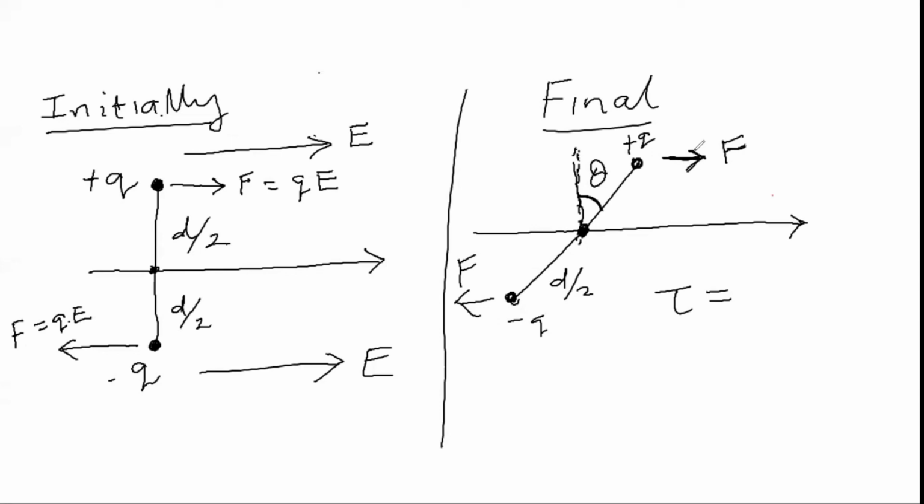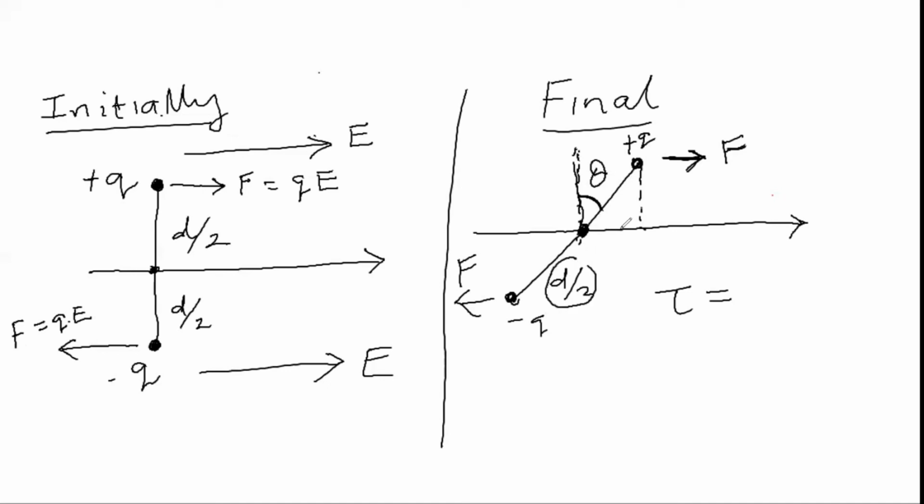The lever arm is basically the distance from the pivot to the line of action of the force. So you see that the force is acting at this particular point, so its line of action, this here, is what is called the lever arm. As we had discussed already, the distance from here to here is d over 2. It's the same as this here, d over 2.